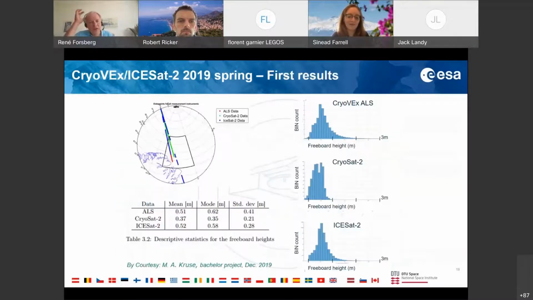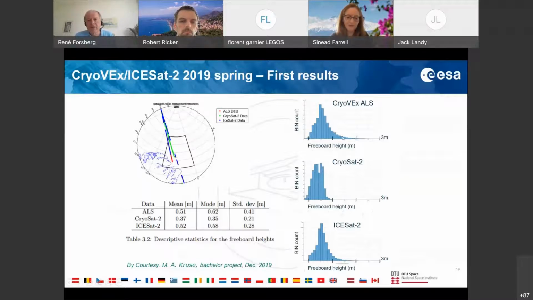In 2019 spring, we of course had the underflight, a near coincident underflight of both IceSat and CryoSat and the airborne LiDAR. They were not perfectly aligned because it was not really cryo to ice time yet. But we can see here in this area north of Station North, north of Greenland, going up quite a large distance, 300 kilometers.